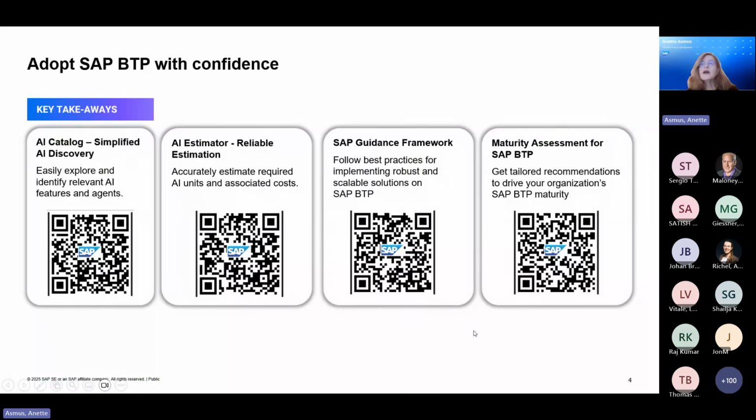And then we also had a closer look at the offering and the new additions to the SAP guidance framework, so everything for you here to confidently navigate your way around SAP BTP, to discover, design, and deploy applications on BTP. And finally, the new handy tooling to identify where you stand with your BTP maturity, the BTP maturity assessment.